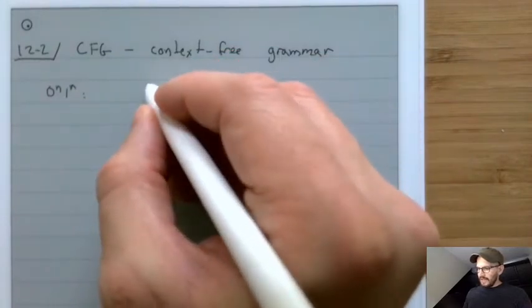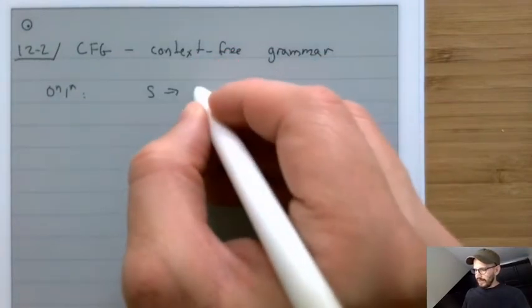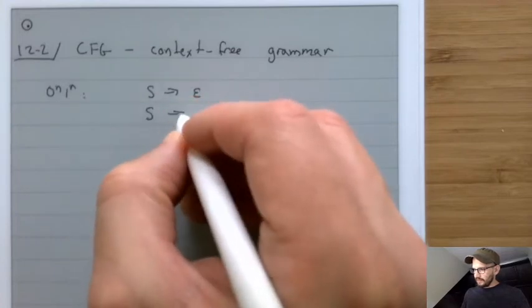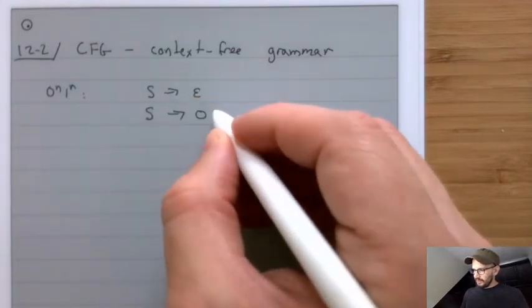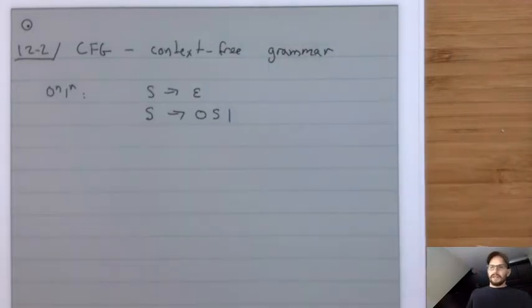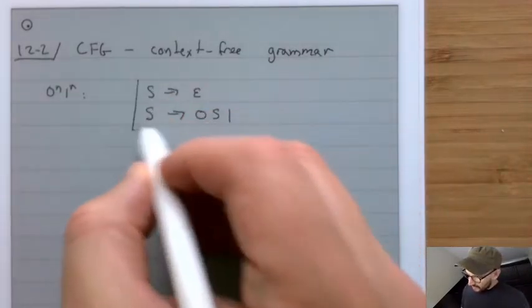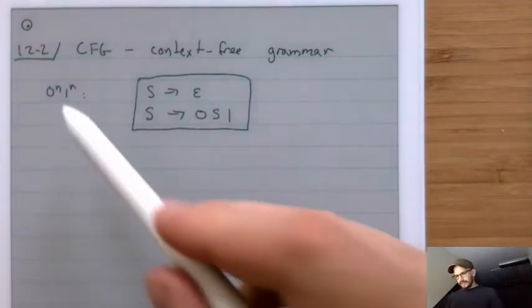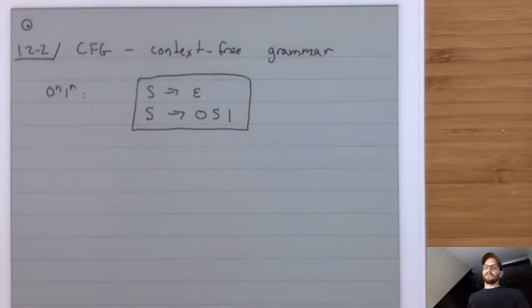We write down S goes to epsilon, and then we also write down S goes to 0 S 1. Now this right here is a context-free grammar, and it defines this language right here, 0^n 1^n. Like before, let's talk about what each one of the pieces are.